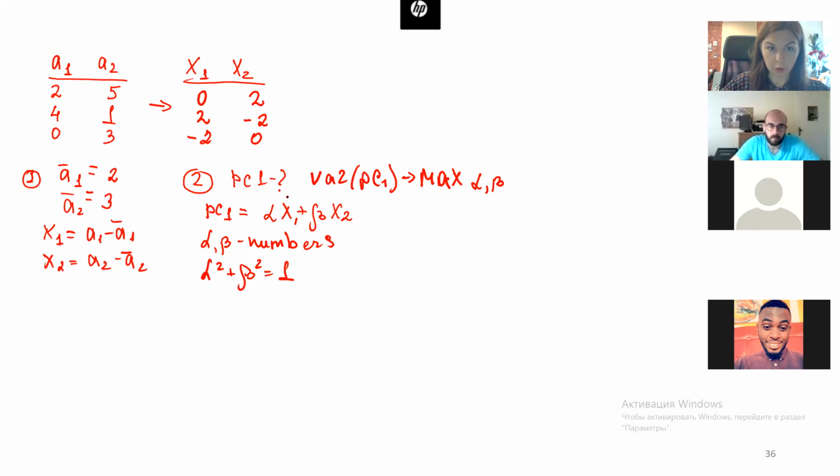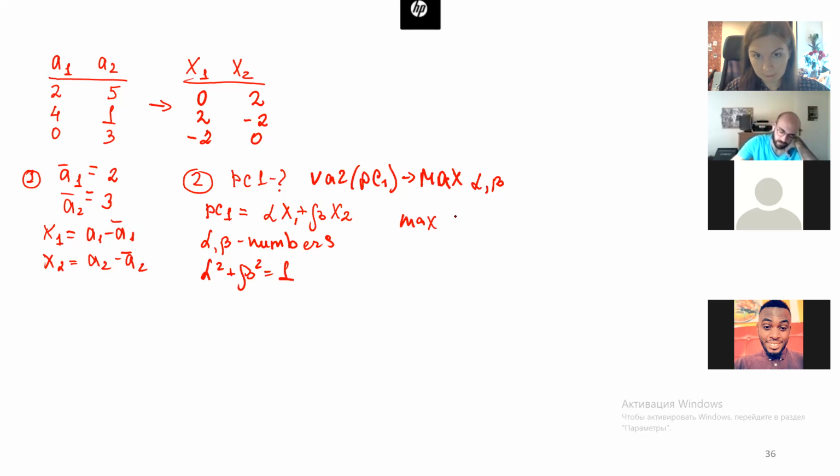we have 0 mean value for x1 and x2. It means that the maximum variance of the PC1 will be when we have the maximum length of the PC1.